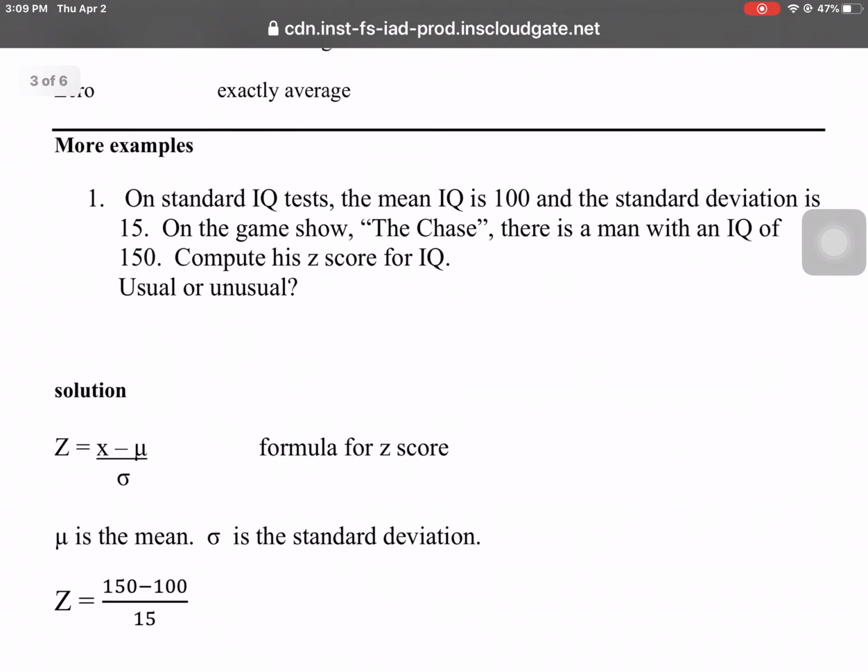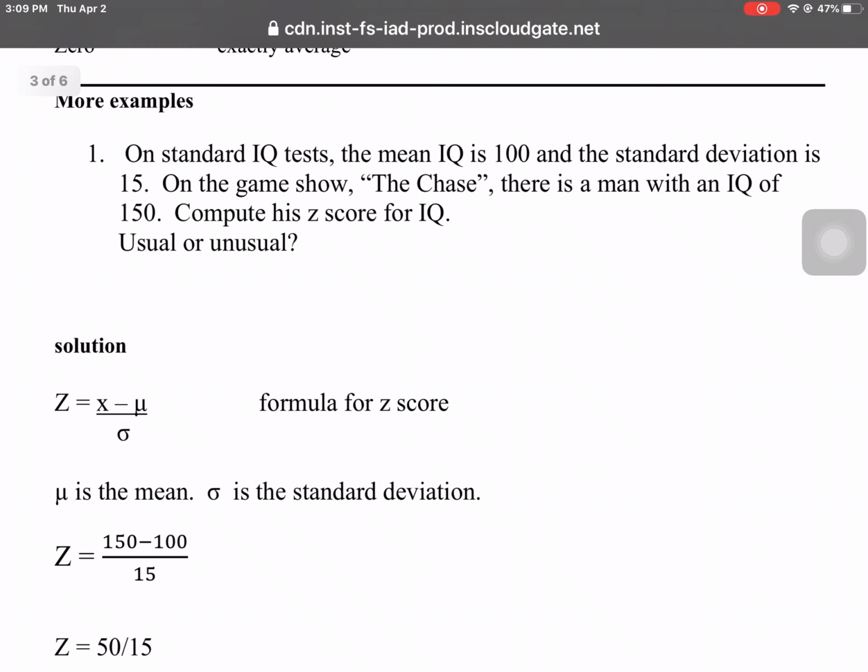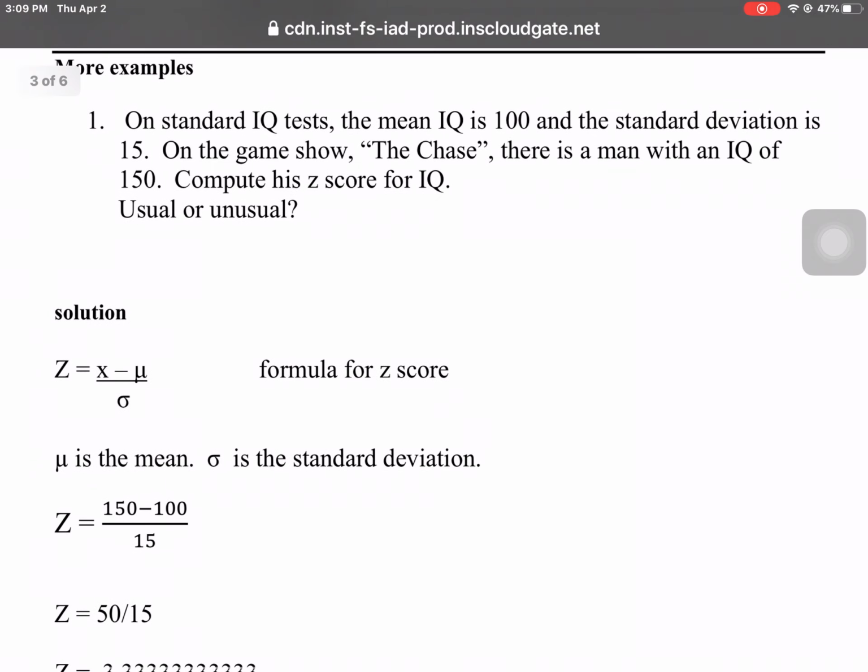Okay, so some more examples. On a standard IQ test, the mean IQ is 100, standard deviation is 15. On the game show called The Chase, there's a man with an IQ of 150. Compute his z-score. Okay, and there's a picture of him in there as well. Okay, solution, we take the number, subtract the mean, divide by the standard deviation.